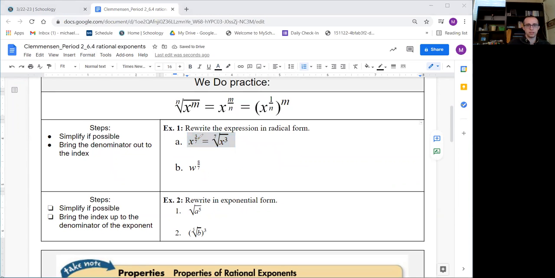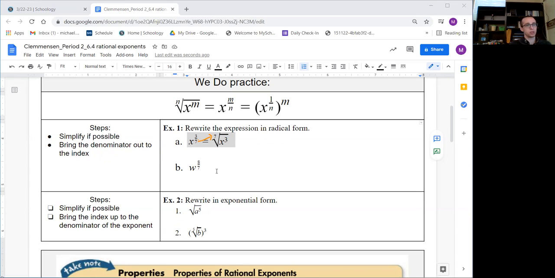So that's 7 right there. It's placed right here as our index. And then we're done. That is changing something from rational exponent form into radical form. Very simple. Don't need to overcomplicate it. That easy.